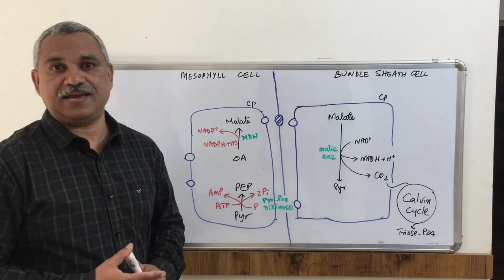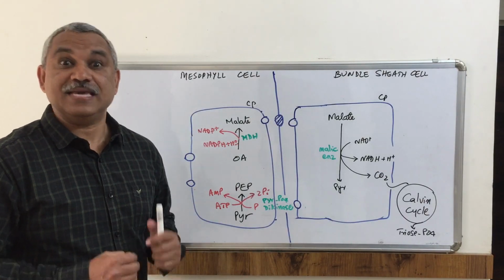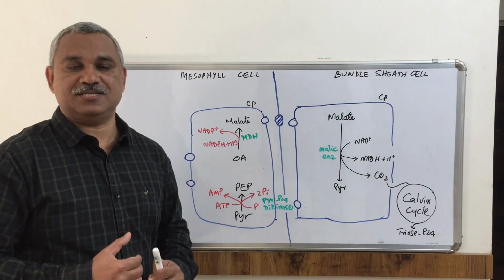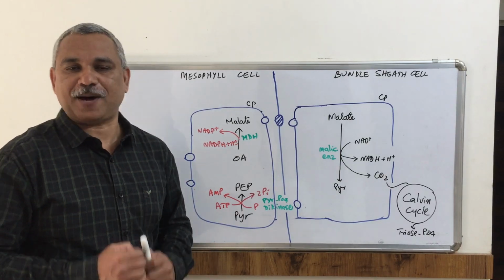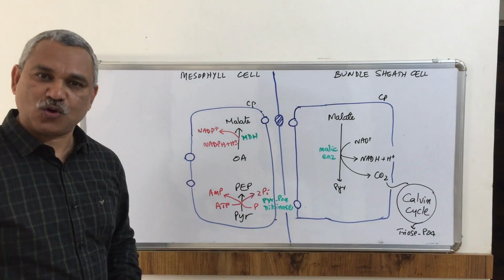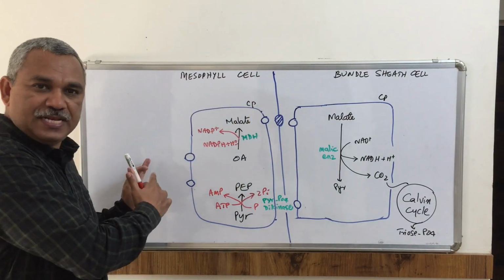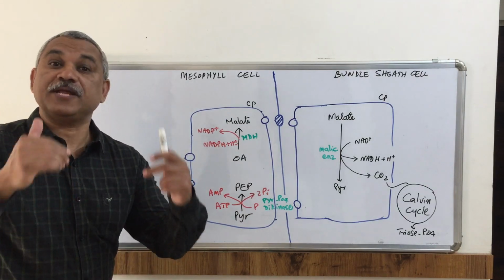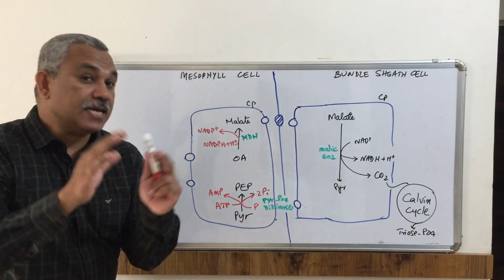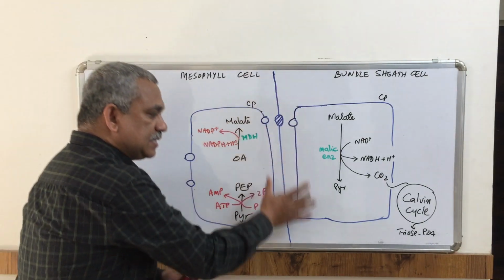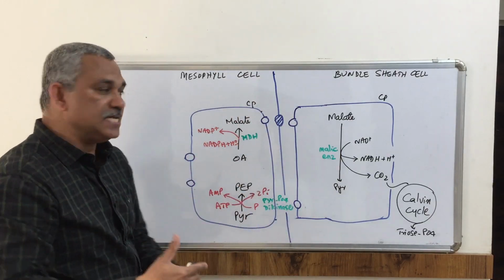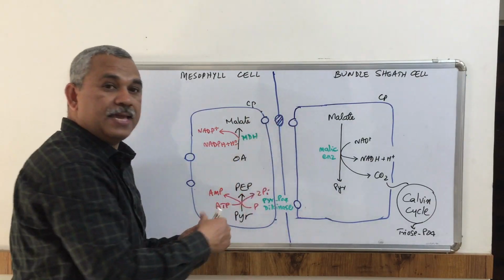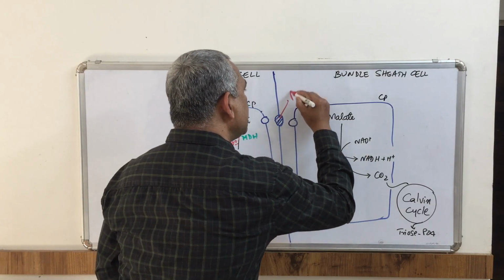In order to understand how exactly carbon fixation occurs in the C4 pathway, this diagram is drawn here. This is a mesophyll cell that is separated from a bundle sheath cell. Look at the previous figure of the Kranz anatomy. They were tightly adjacent, so they are separated by the plasmodesmata.